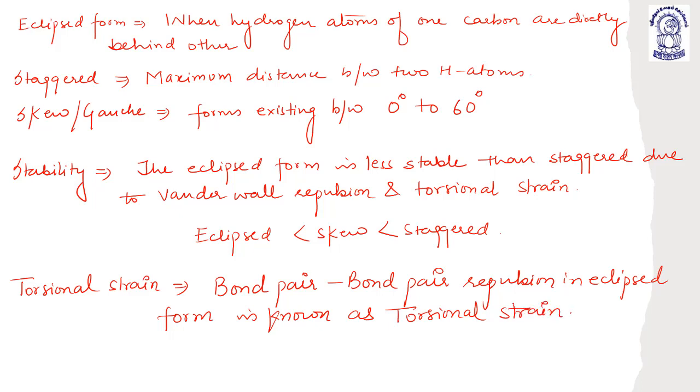Understood? Now we are going to plot a potential energy curve between eclipsed and staggered for ethane.